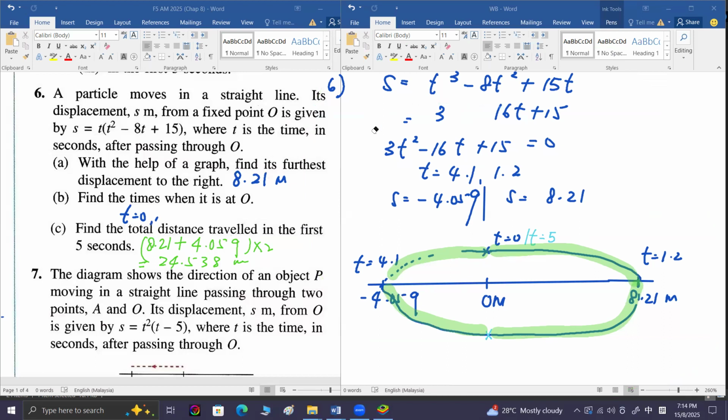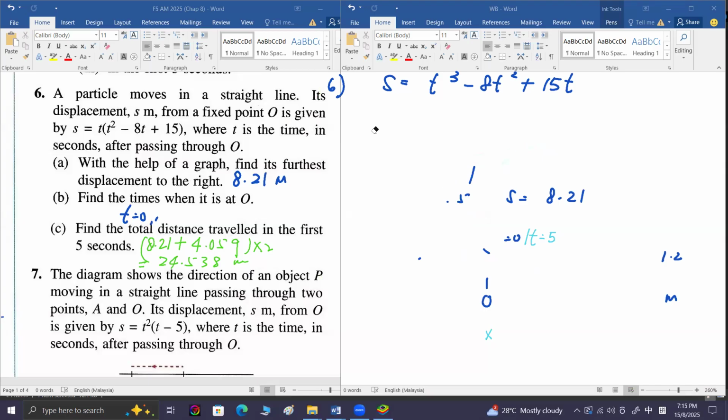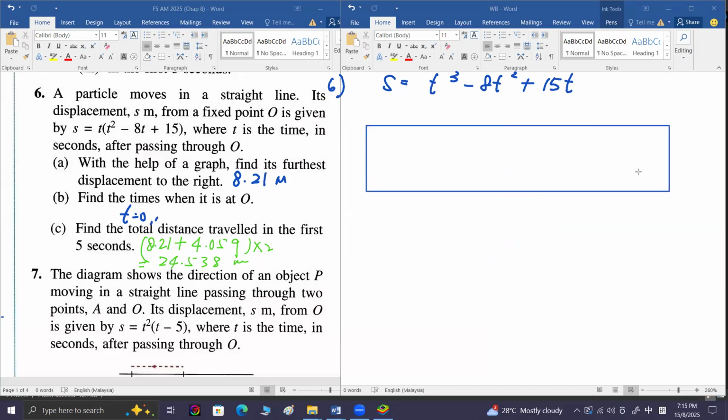Right, class, you see section B. Section B, you do like just now. Form a table like just now. So it goes 0, 1, 2, 3, 4, 5.